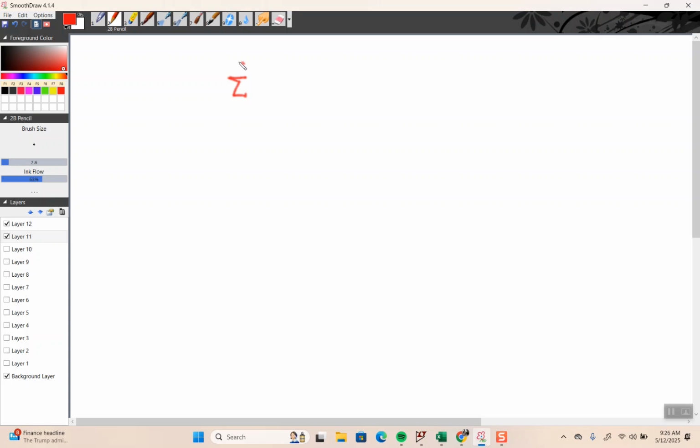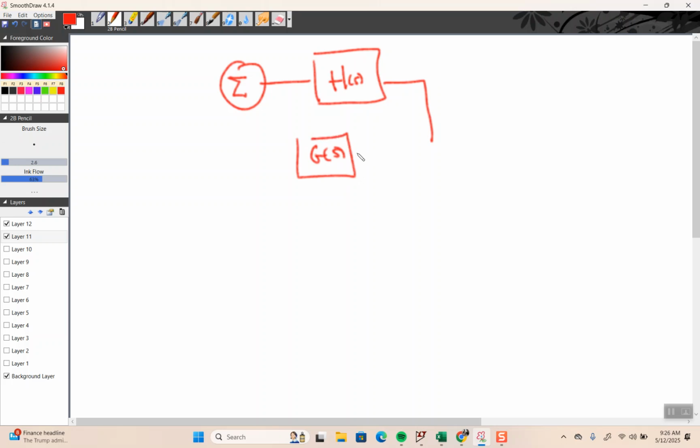I'm going to put this one first. So now these are system diagrams, right? You have to be able to know how to derive a function from it.